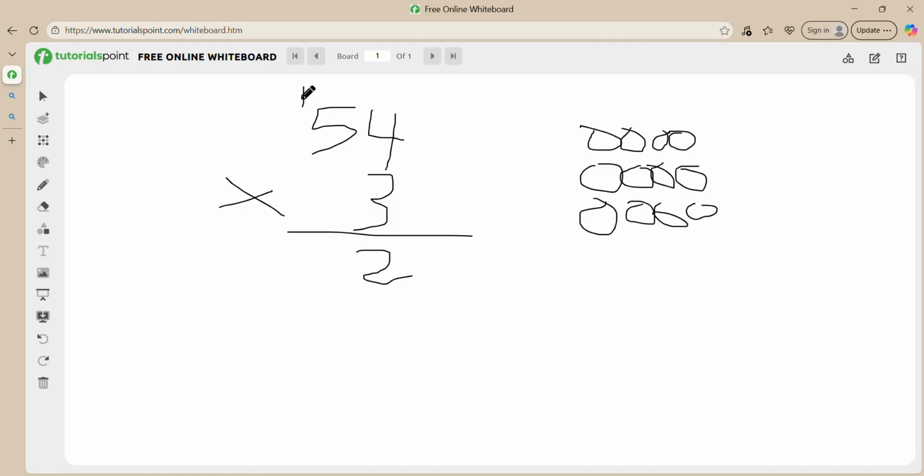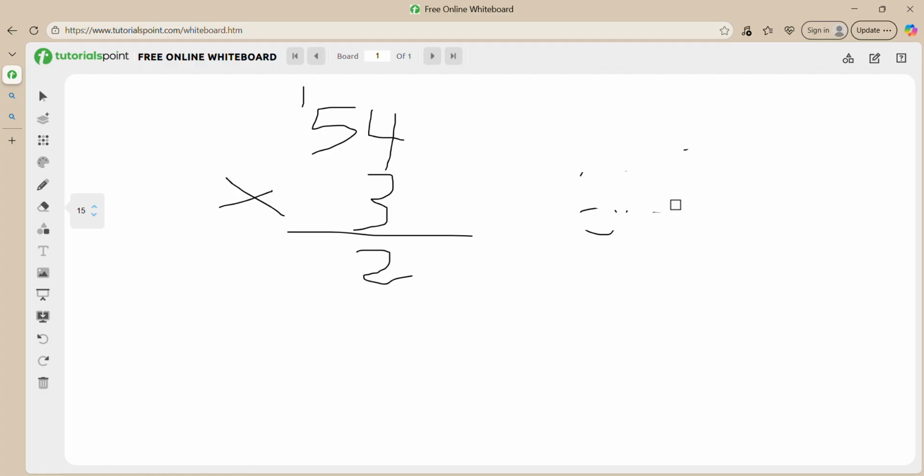So basically what this 1 is going to do is we're just going to add it on afterwards. So unlike with the 12, we are going to take the 1 from this one. Just like that time, it's going to be 3 groups of 5.